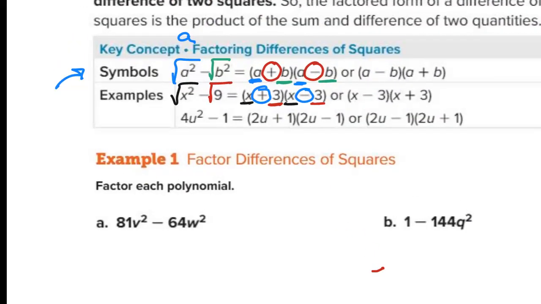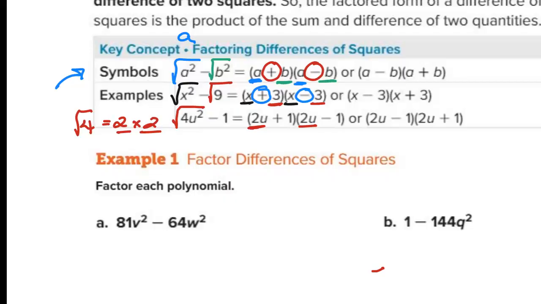And they show you a third one. Now you can also have 4u squared. You can have a number with a variable. You take the square root. First of all, 4 is a perfect square. What number times itself gives you 4? 2. So that 2 goes here, and then u squared is also a perfect square. That would be u times u.